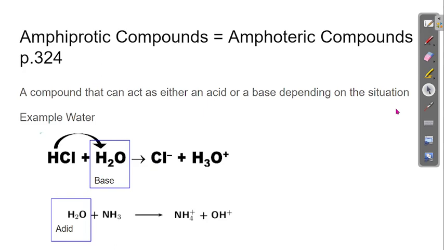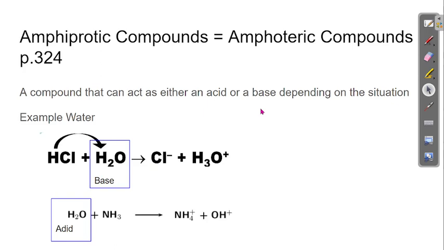Now, compounds like water that sometimes act as a base and sometimes act as an acid have a name. They're called amphiprotic compounds. You need to know the definition that's on page 324 in your textbook. An amphiprotic compound, also called amphoteric compounds, okay? So both of them mean the same, is a compound that can act as either an acid or a base, depending on the situation.